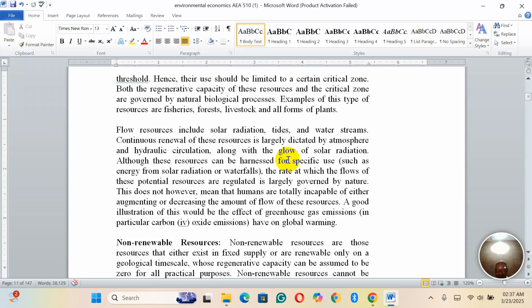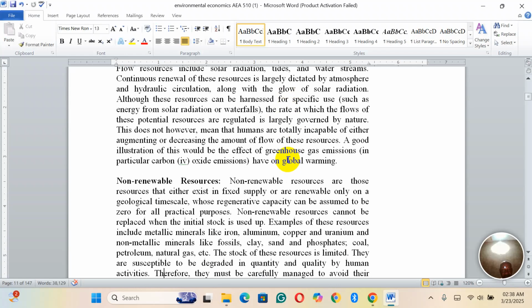The rate at which they flow also matters. A good illustration of this is the effect of greenhouse gas emissions, in particular carbon oxide emissions, on global warming.